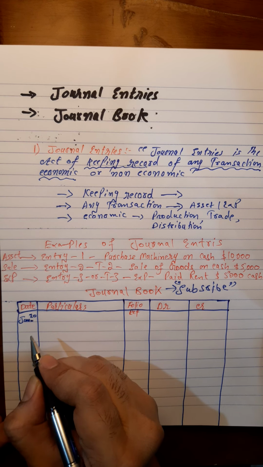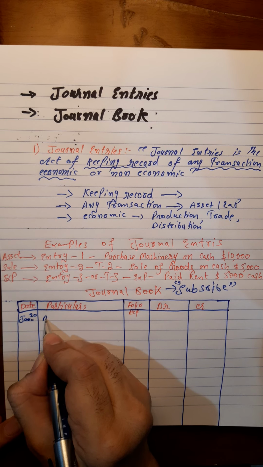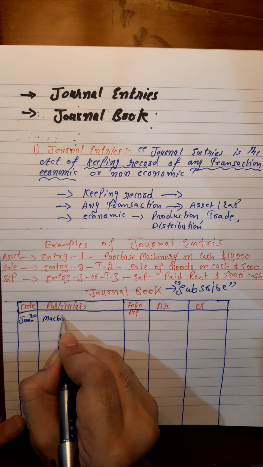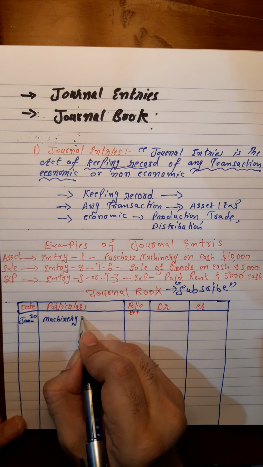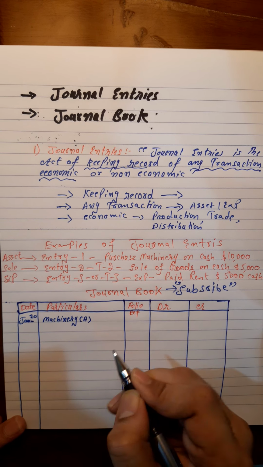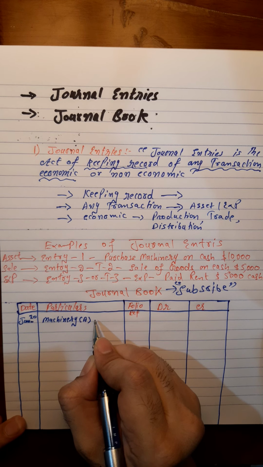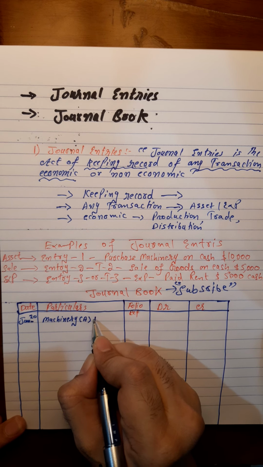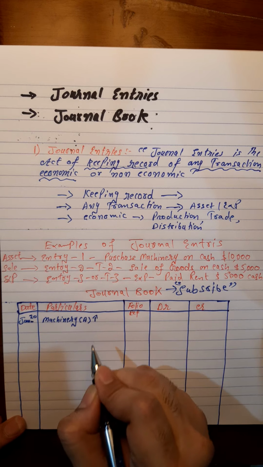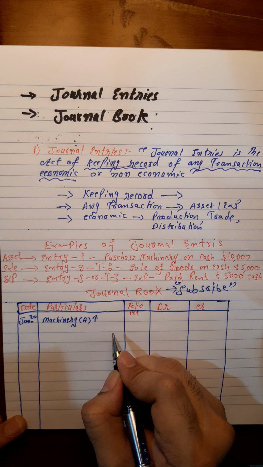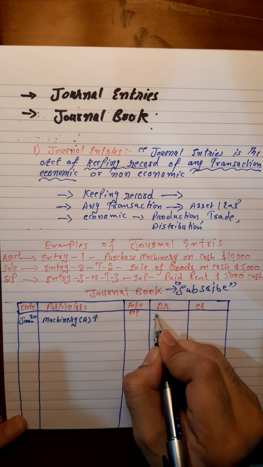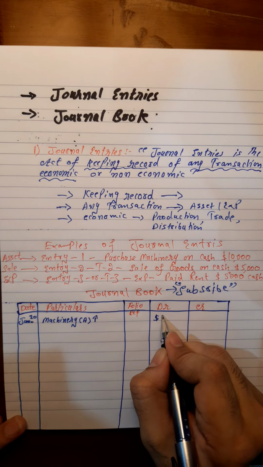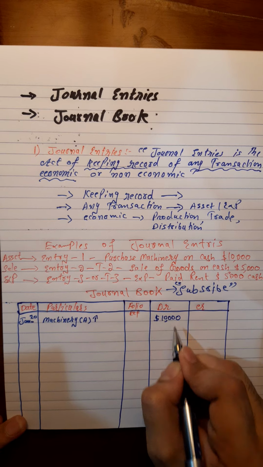Most important, machinery. We purchase machinery. Machinery is our asset, and when we purchase the machinery, our asset increases, and when an asset increases, it will be debited. Most easy, take it easy. $10,000.